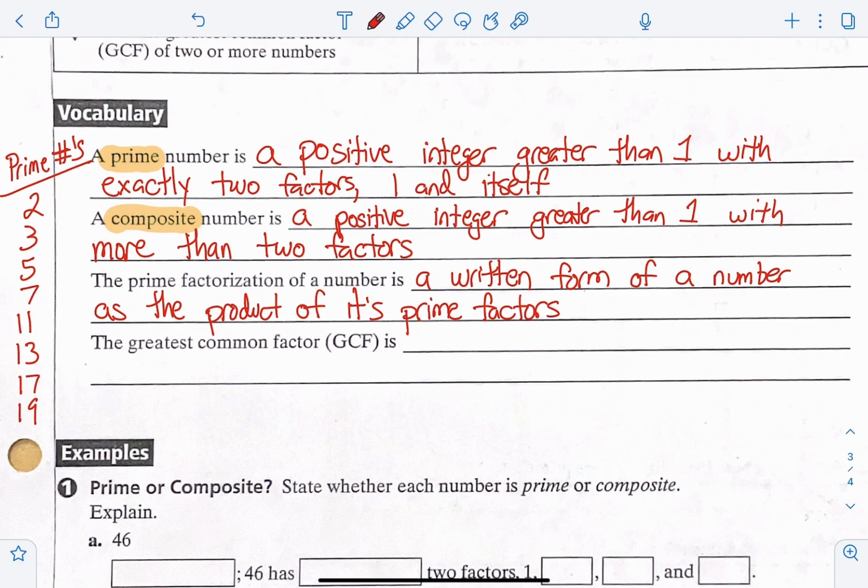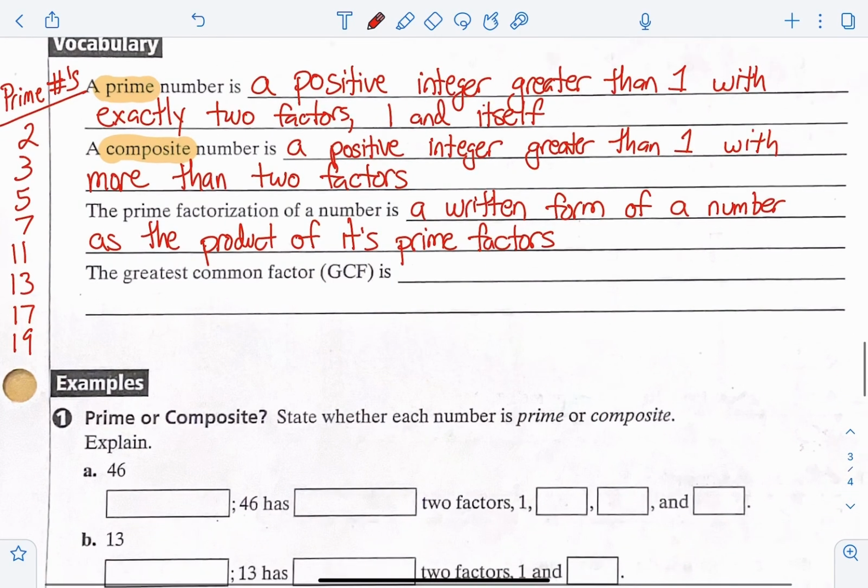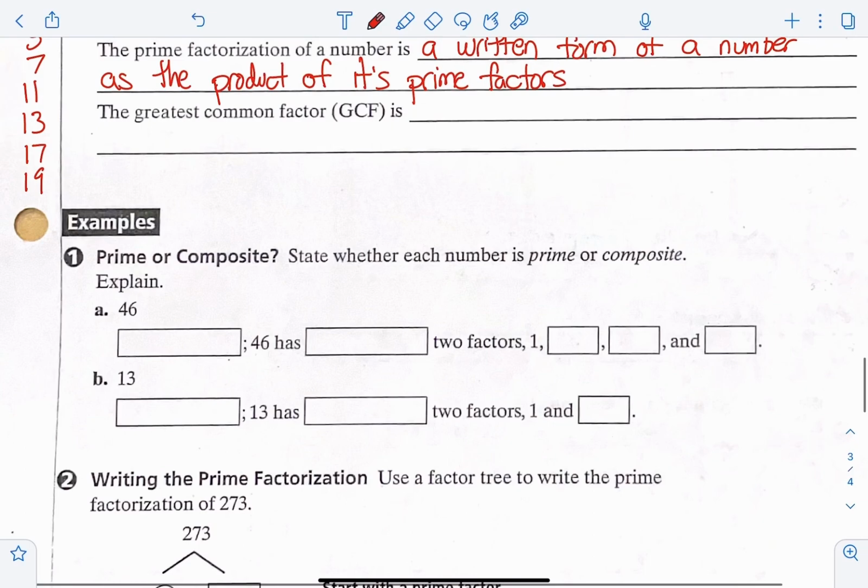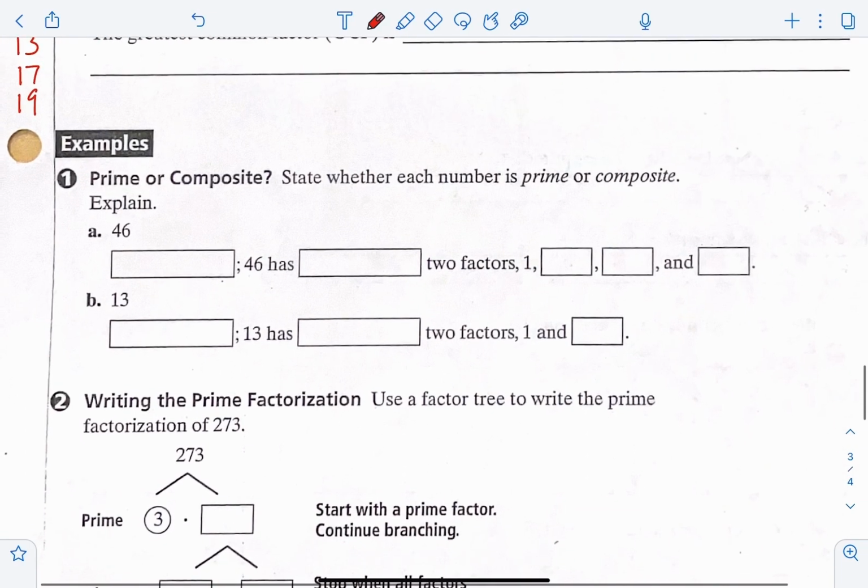Okay, since this is part 1, we're going to skip that next definition because that'll be part of part 2. This next part says prime or composite. State whether each number is prime or composite. So we're trying to figure out if it has more than 1 and itself as factors, or just 1 and itself. So 46.